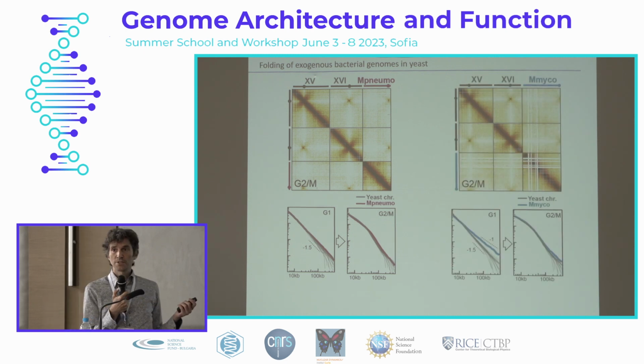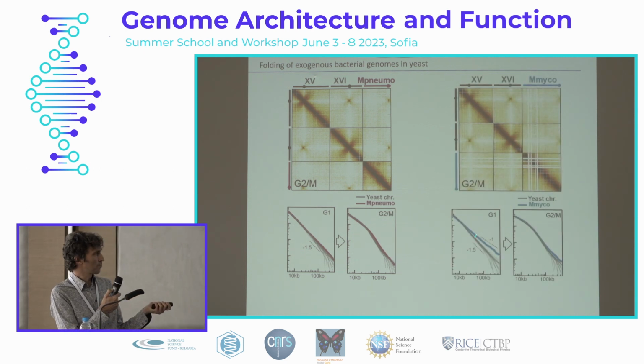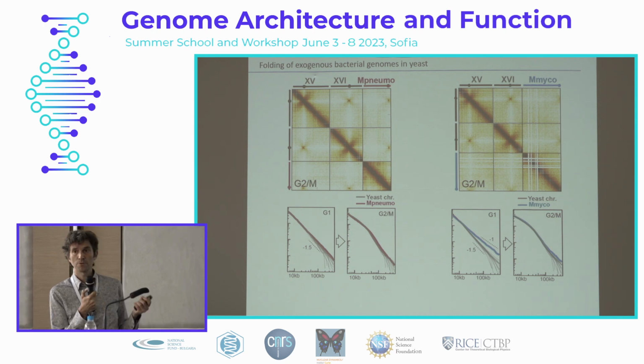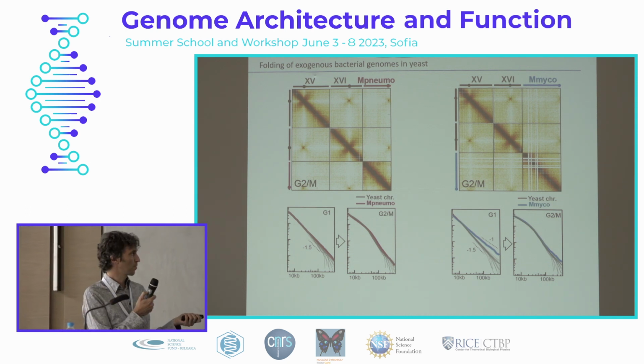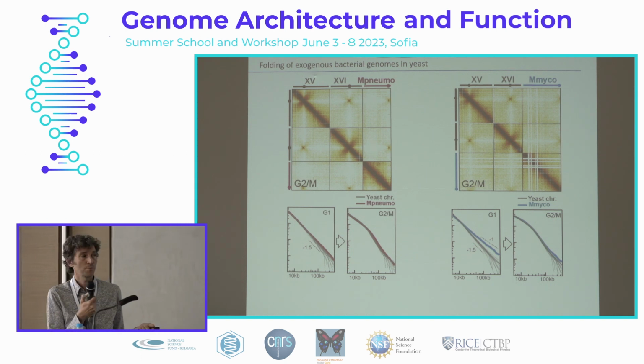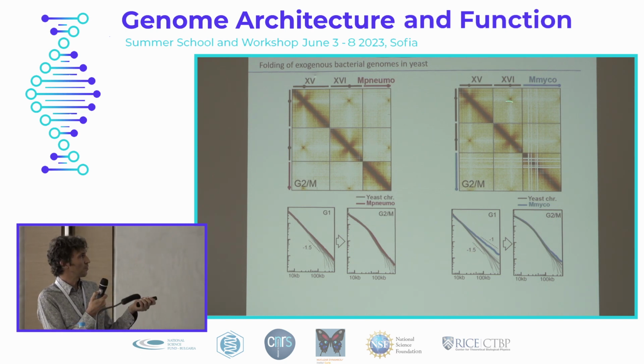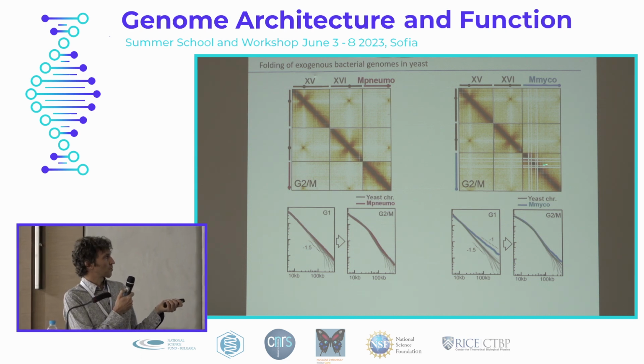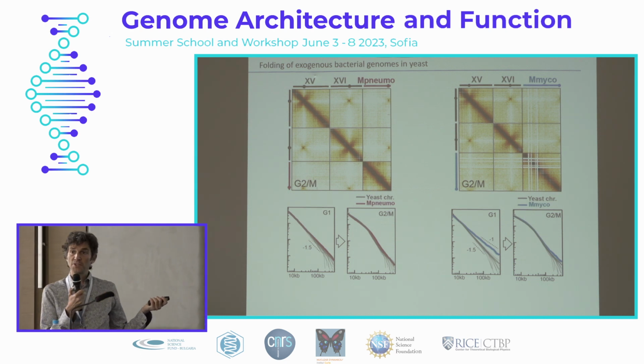When you look at the Mycoides chromosome, which was quite different in G1, in G2M, after replication, you can see now that the curve is actually identical for the Mycoplasma mycoides chromosome compared to the native yeast chromosomes. And indeed, in the map, you don't see any more differences between this chromosome and the rest of the native yeast chromosomes.